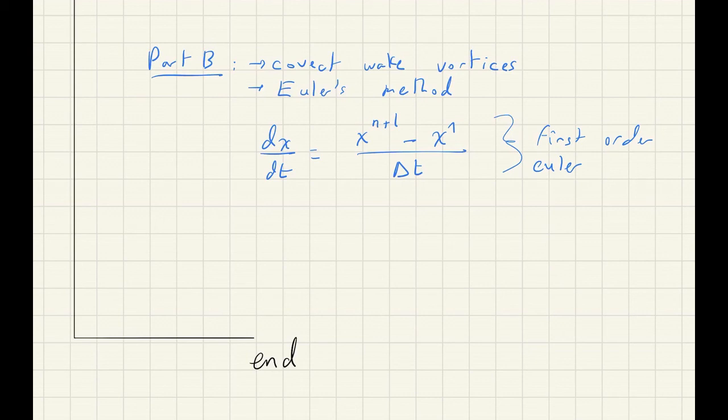So an example of how to do that on the vortices is, if we have our shed vortices here, we want to find the x position of the shed vortices at the new time step. That is equal to their position, or sorry, let me put k instead, but you can put j just for illustration, plus the velocity in the horizontal direction, u, that we found from part A in the inertial frame, multiplied by your time step delta t.